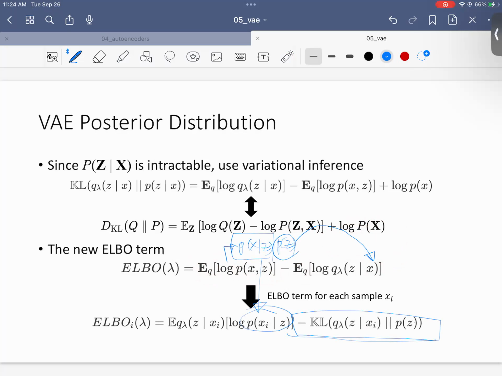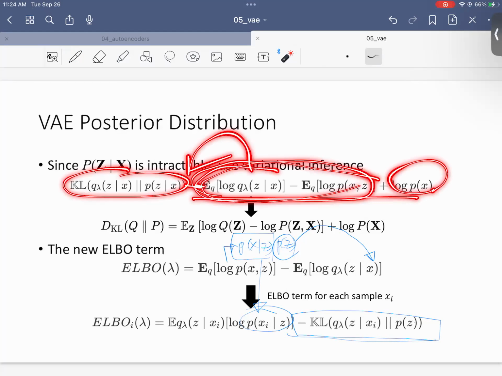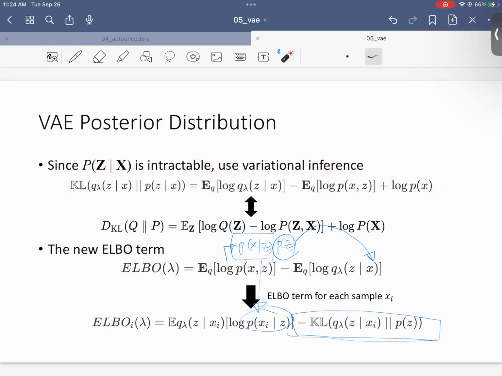And so again, what we did is we started from the original KL divergence definition, and then we moved this term here, and we knew that the log P(x) is constant, so we can treat the negative of this as an ELBO term, and we want to maximize it. So that ELBO term is here, and we moved the terms around, and we arrived at here, and we know all the terms here.